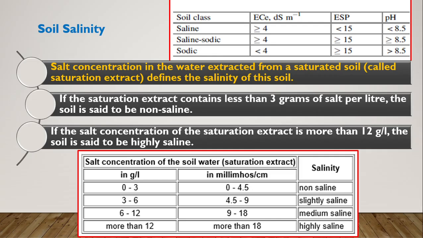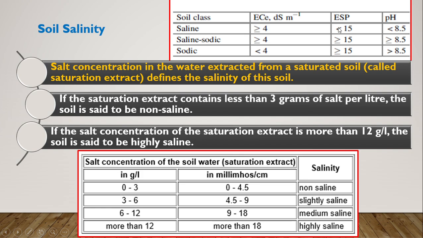Now, as per USSL, the soil is classified into 3 classes based on the salinity or electrical conductivity. When the electrical conductivity is greater than or equal to 4, ESP is another term which is used in relation with salt and salinity. ESP is exchangeable sodium percentage, that we will see in the upcoming slides.